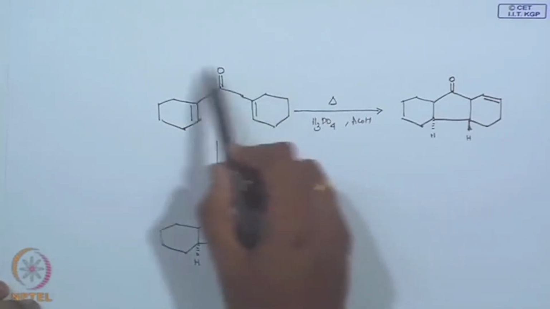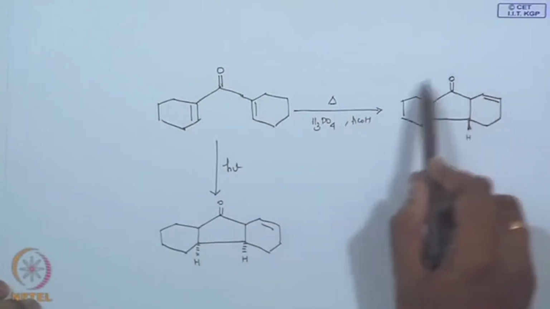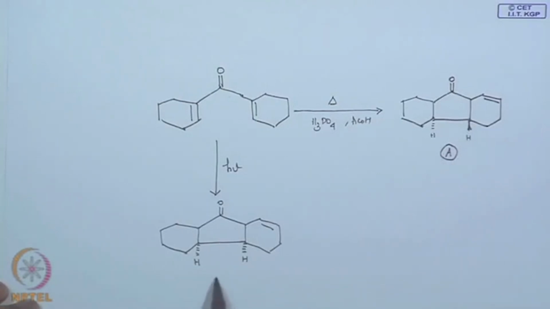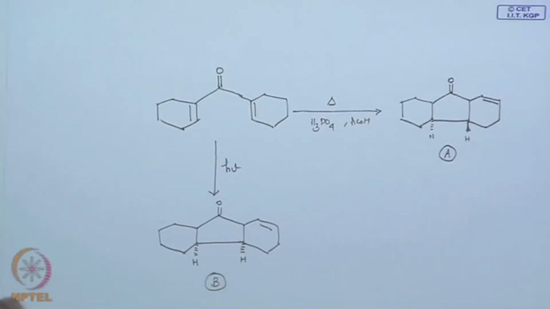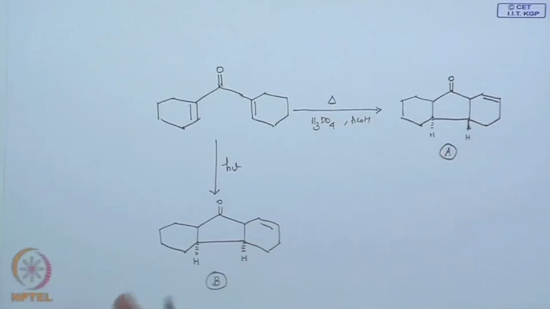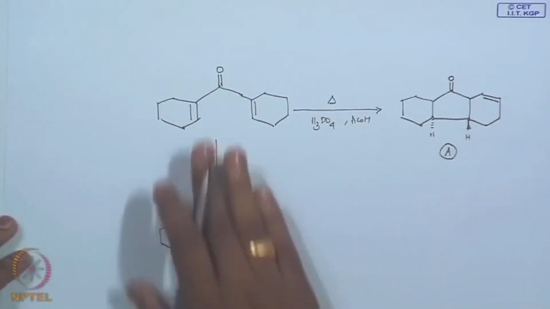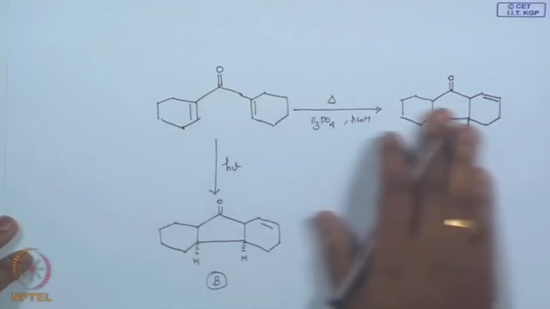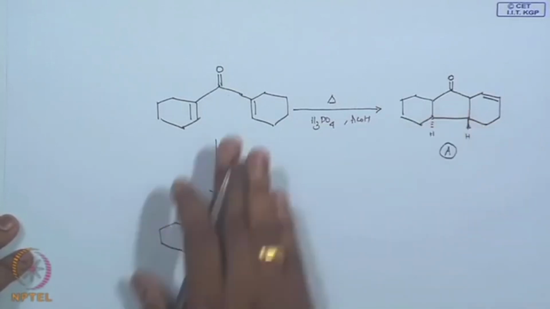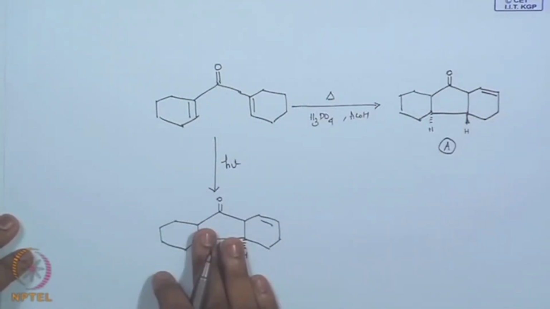So, if I take this molecule and heat, I get product A, but if I photolyze, I get this product B. So, I get two different products, and you know why. So, what we will do now, we will try to understand the mechanism by which you get this product first on thermolysis, then we understand how we get this product on photolysis.